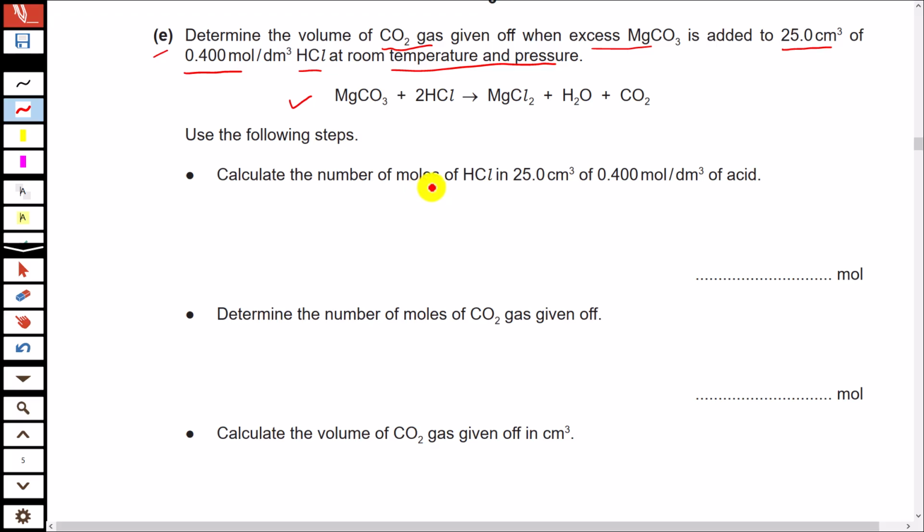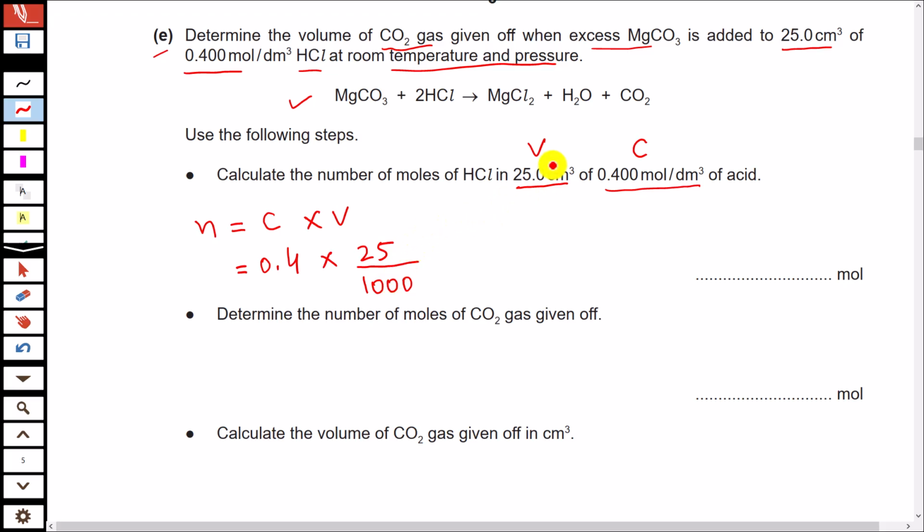First, calculate the moles of HCl in 25 cm³, that is the volume, and 0.400 mol/dm³, that is the concentration of acid. You know moles equals concentration times volume. Concentration is 0.4 and volume is 25 in cm³. You have to convert this into dm³, so divide by 1000.